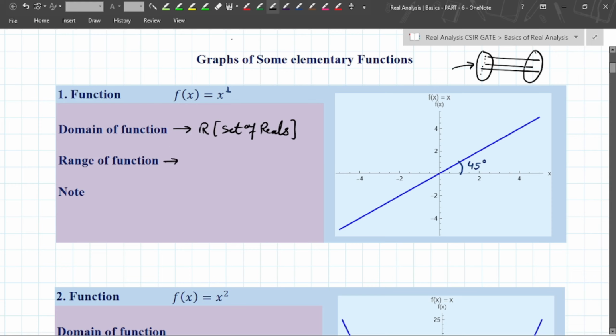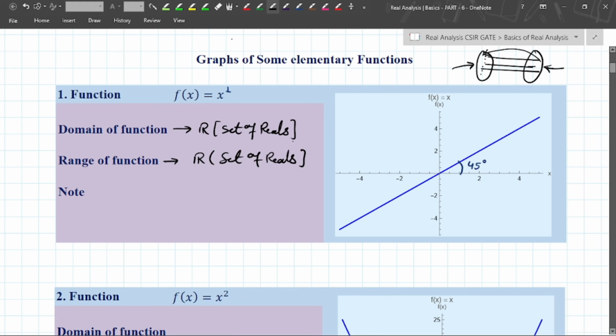What is the range? Range is the output, basically the set of elements of the codomain which have a pre-image in the domain. It will take all the real numbers, so the range of this function is again the set of reals.